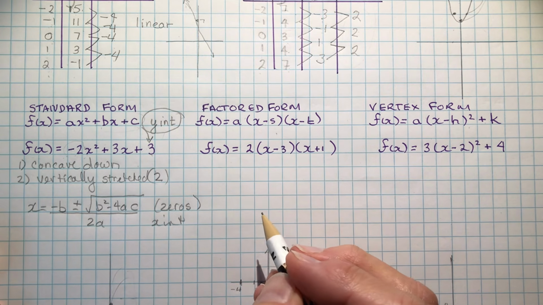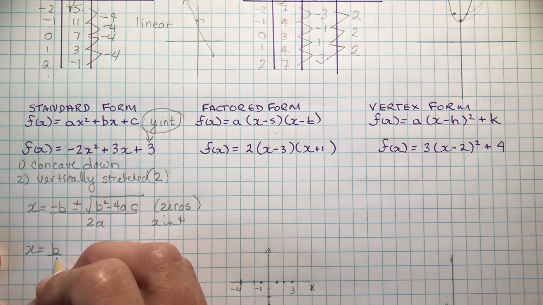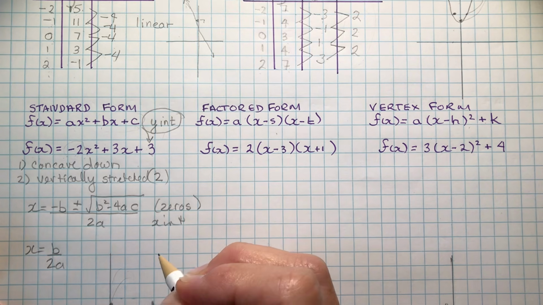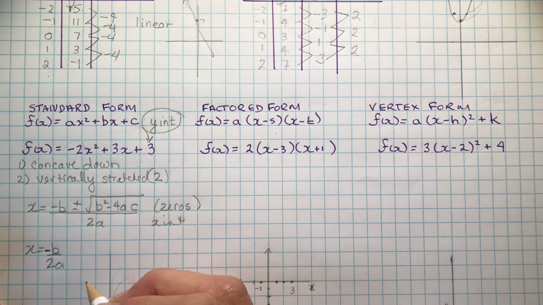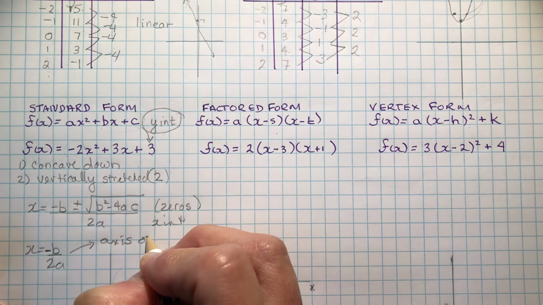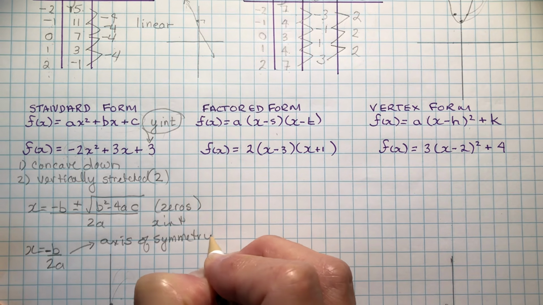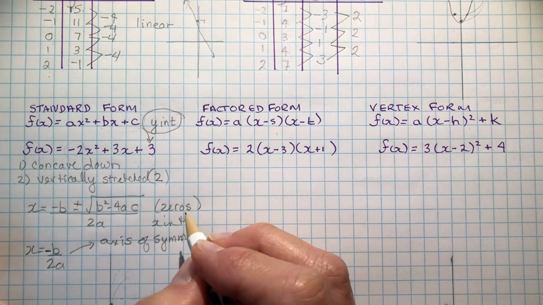And another really handy little equation, x equals minus b over 2a. I'm hoping you remember that, minus b over 2a, and that tells you where the axis of symmetry is. Axis of symmetry is the line that divides your parabola into 2 equal parts.